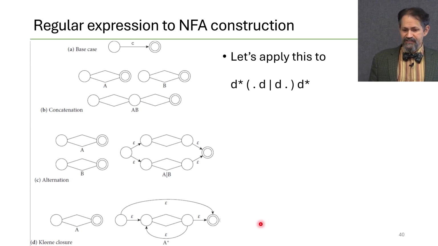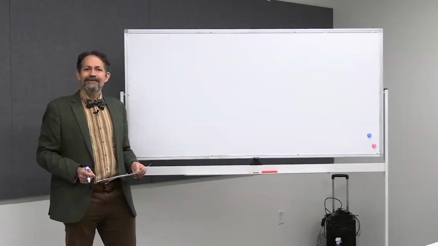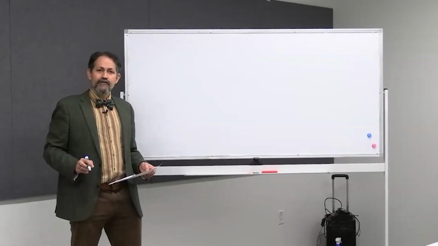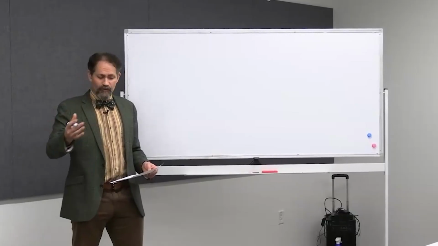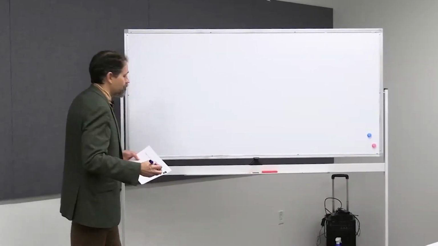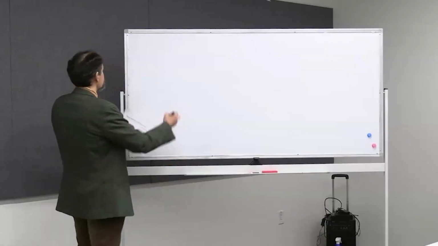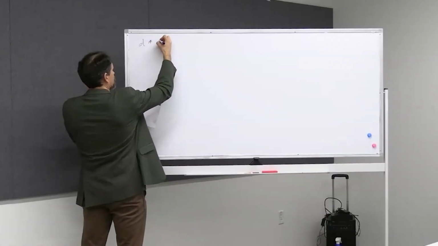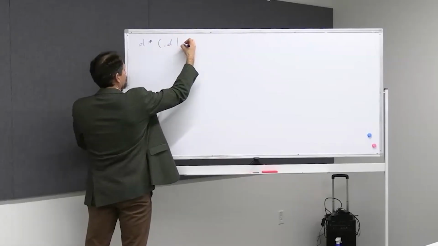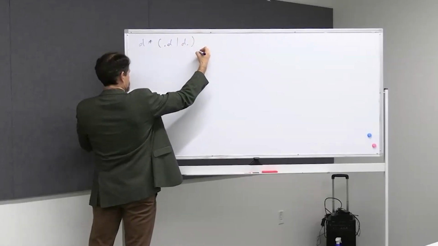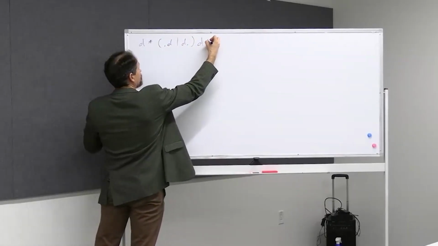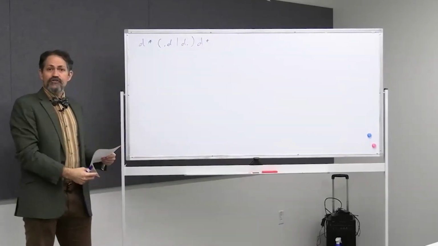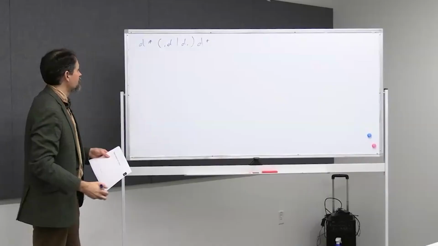Let's go to the whiteboard for an example. All right, let's apply our construction of a non-deterministic finite automaton from a regular expression using our digit example: D star dot D or D dot D star. Okay, we're going to start with the very simplest notion.